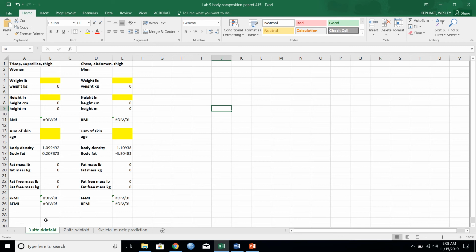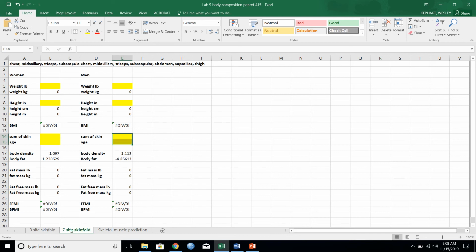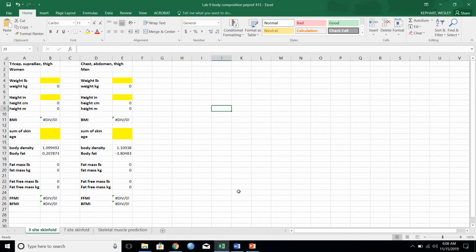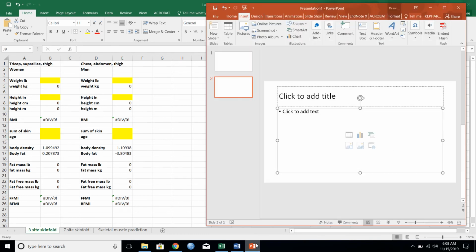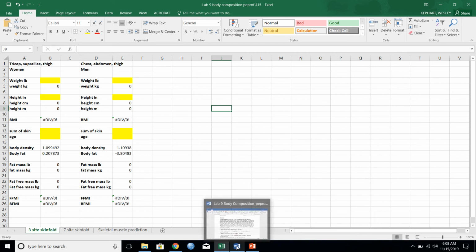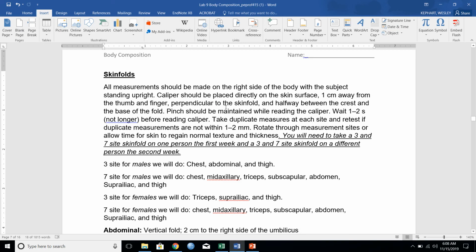The sum of all the skin folds for the 3 site and the 7 site will tell us the body density and subsequently the body fat percentage, how many pounds of fat mass, and how many pounds of fat-free mass. That gives us the fat-free mass index and the body fat mass index, which we'll look at later. I was trying to just gift this to y'all so you didn't have to do too much math. Back to skin folds.